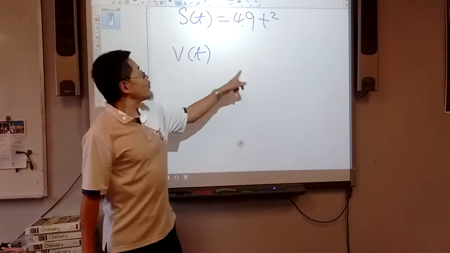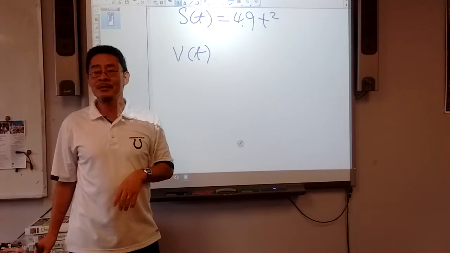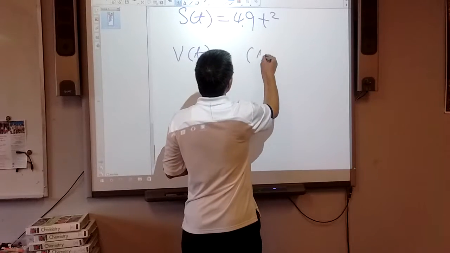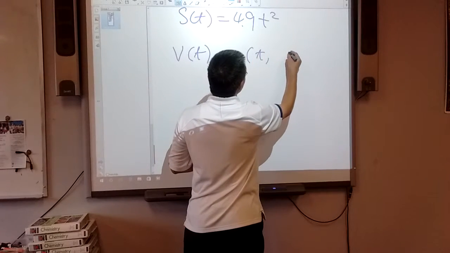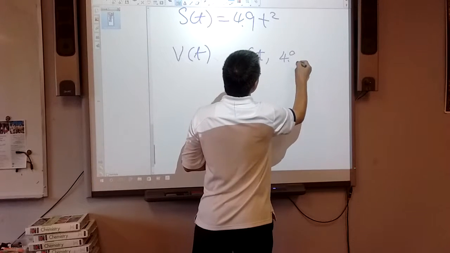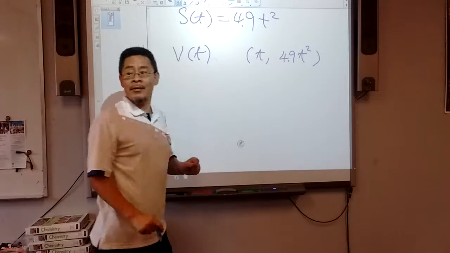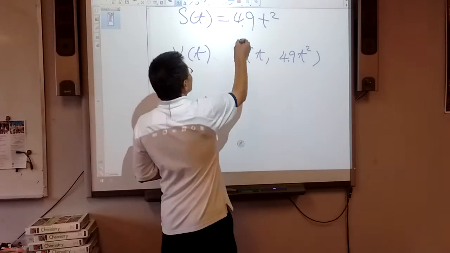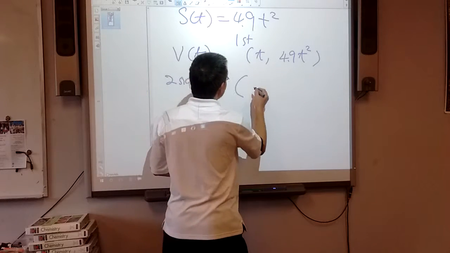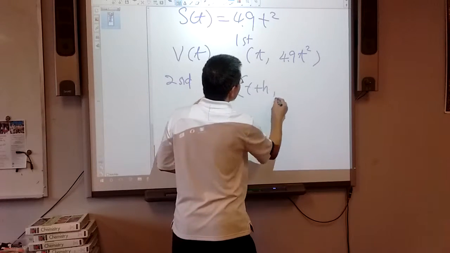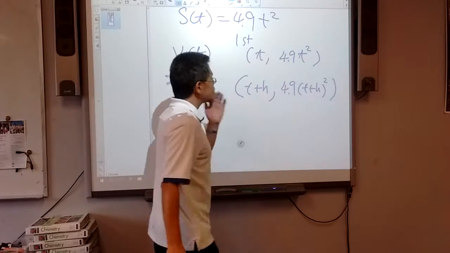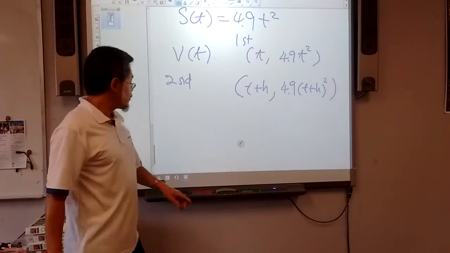So where do we pick our first time instant? At t. What is our distance? 4.9 t squared, right? First point. Second point is going to be t plus h, 4.9 times (t plus h) squared, right? Good?